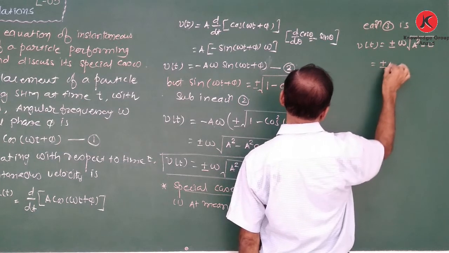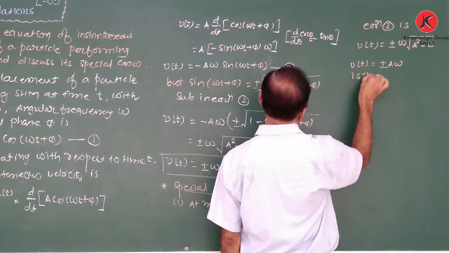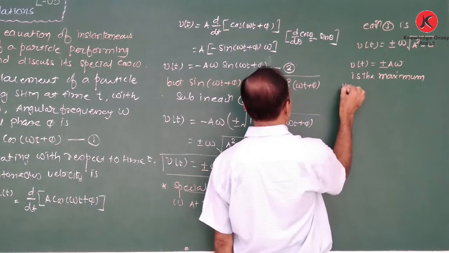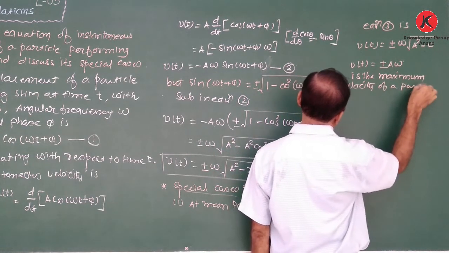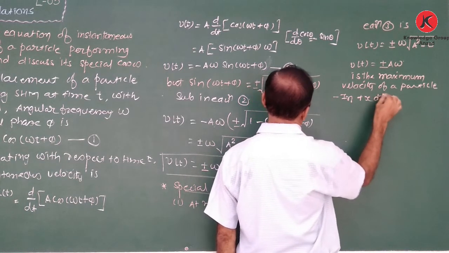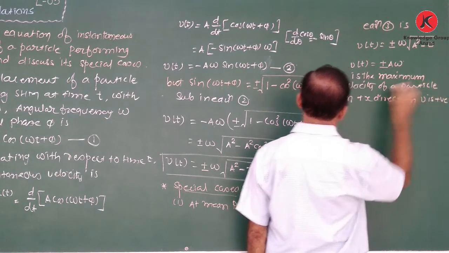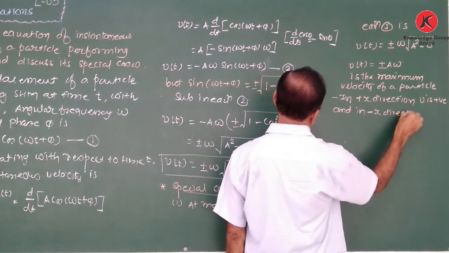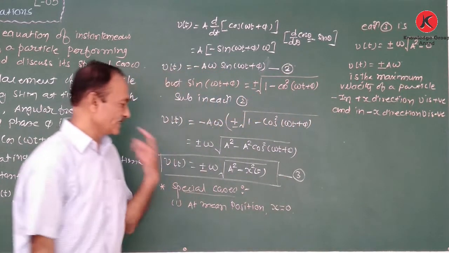Therefore, plus or minus A omega is the maximum velocity of a particle. In the positive x direction, v is positive, and in the negative x direction, v is negative.